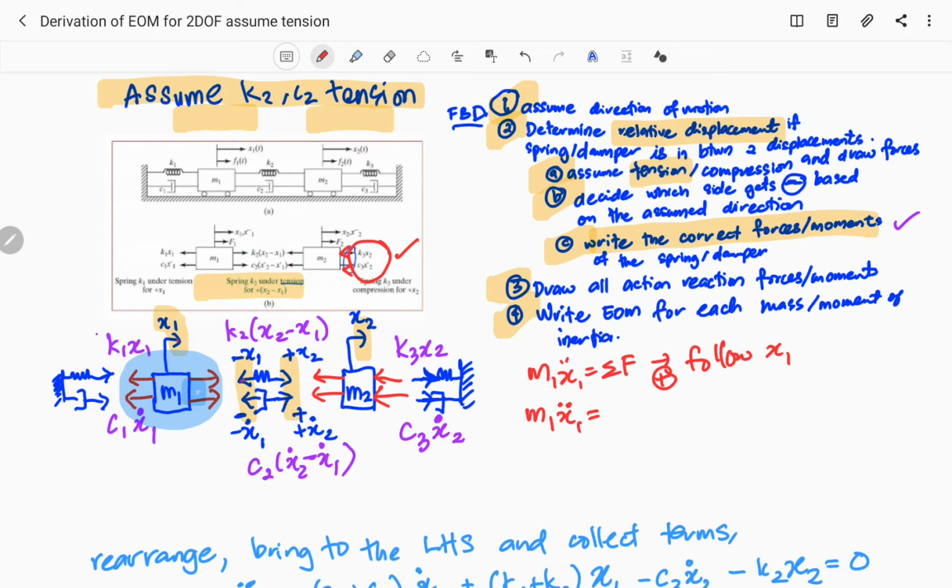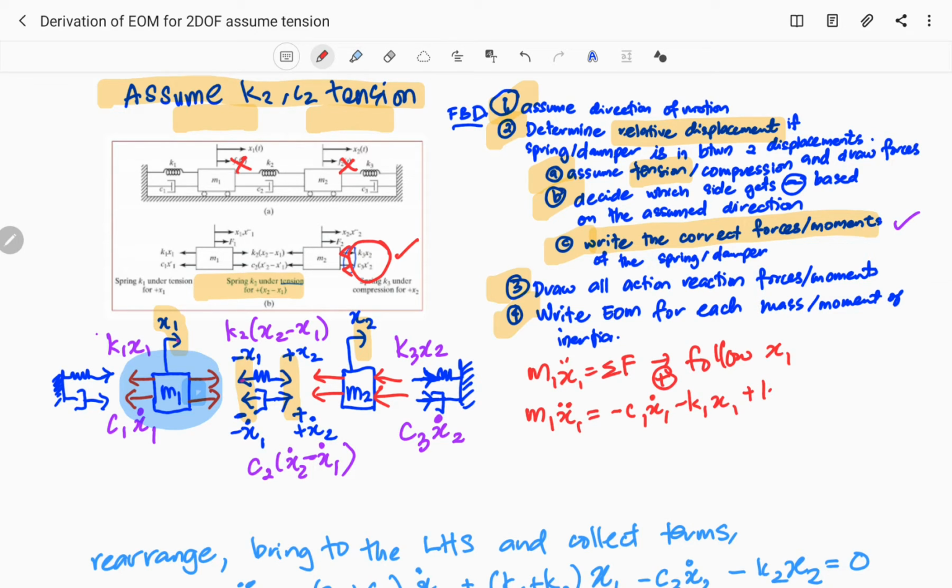If we include F1, there is also a force there, but for this one we assume no F1 and F2, so we don't have to write that. K1 x1 is in the opposite direction, to the left, so you get a negative C1 x dot 1 and negative K1 x1, and then K2 and C2 go in the same direction, so you get plus.